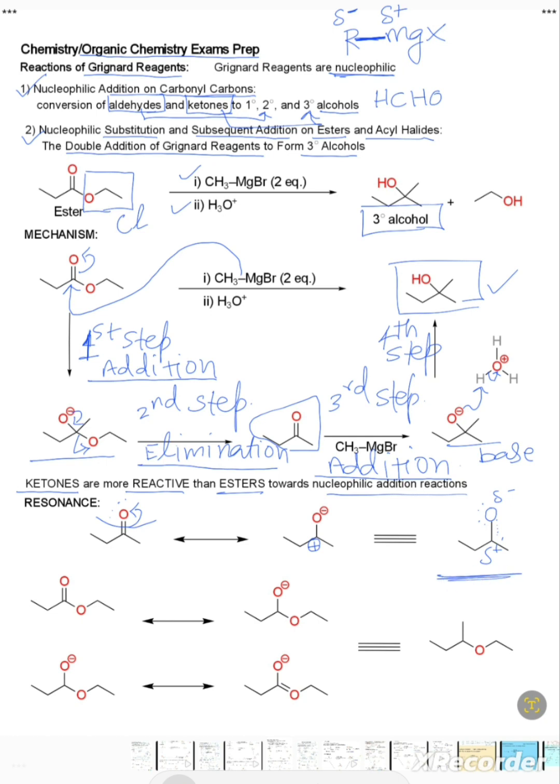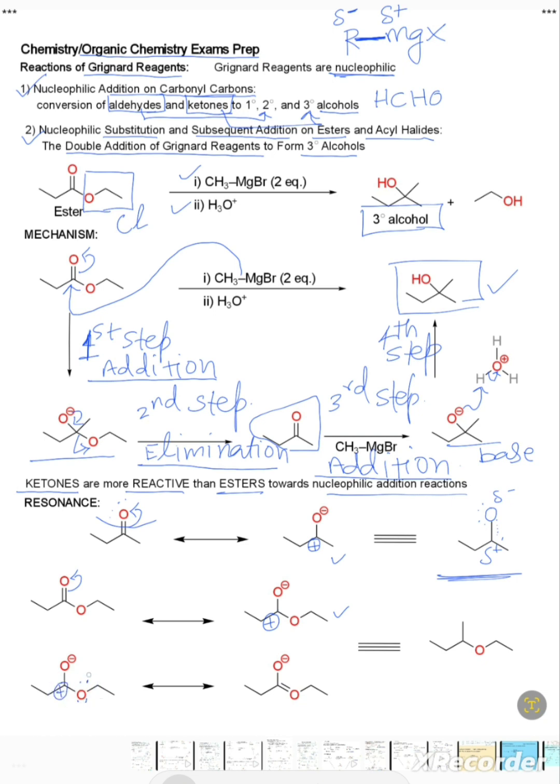Now in the case of esters, the first resonance is similar. The oxygen gets a negative charge and the carbon gets a positive charge. This is similar to what we saw in the case of a ketone. But there is another possibility here, further resonance due to this oxygen here.